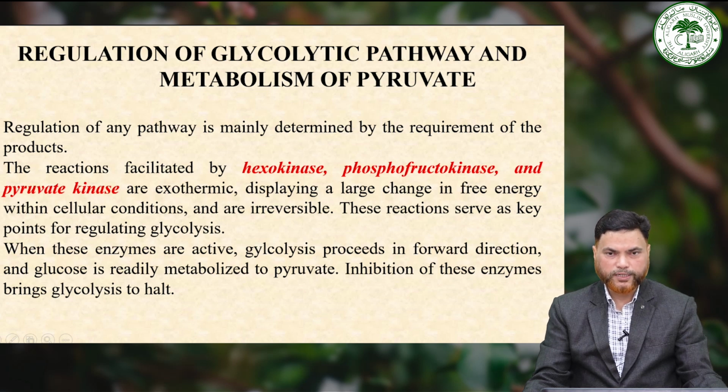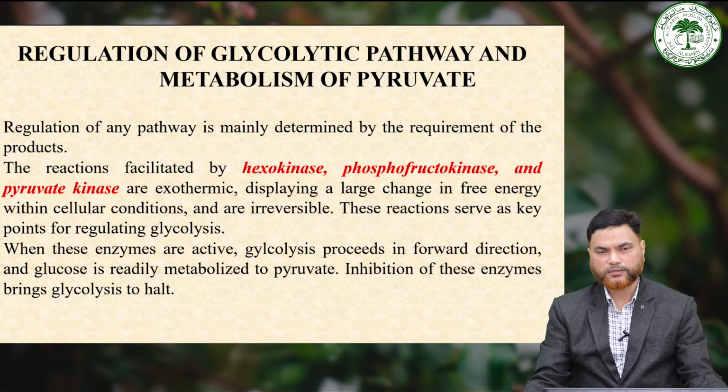So now the question arises: how could this glycolytic pathway be regulated? This is very crucial for maintaining cellular homeostasis. The regulation of glycolysis in plants is a very dynamic process that responds to the cellular energy state and the availability of substrate.